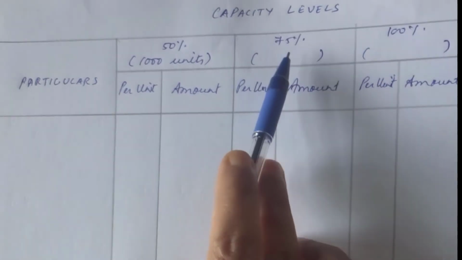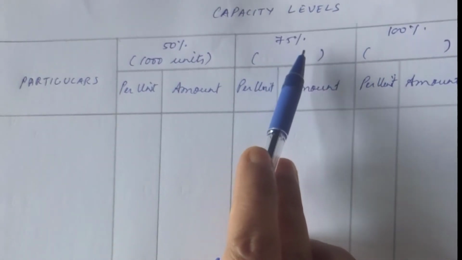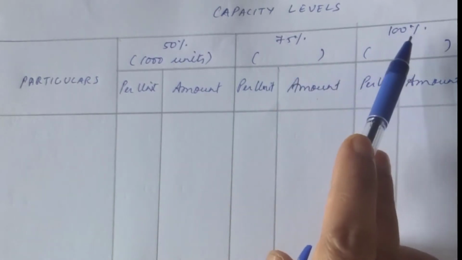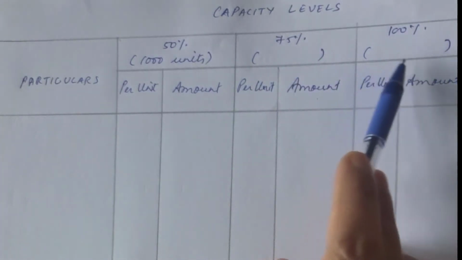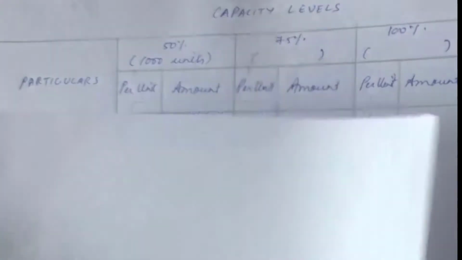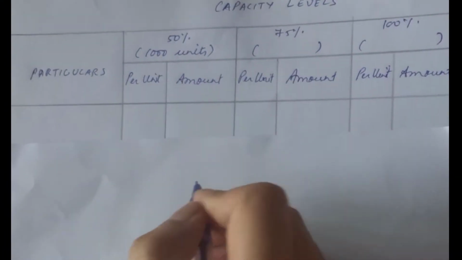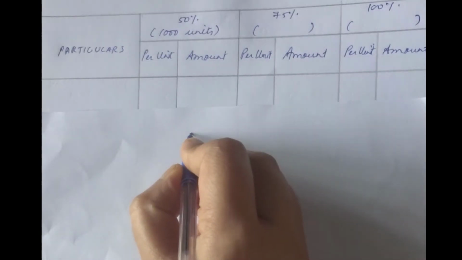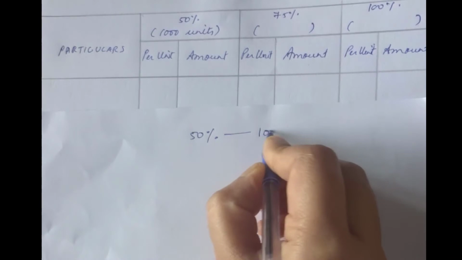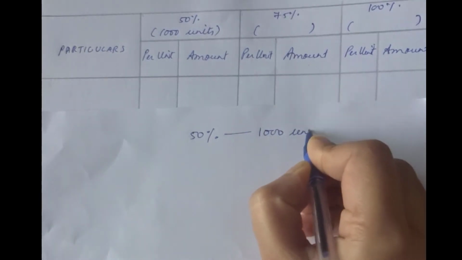Now first, under 75% how many units the company has to produce, and in 100% how many the company has to produce. So for calculating this, I'll show you for 75% how to calculate. First is 50%. In 50% how many units can they produce? 1000 units they can produce, right?